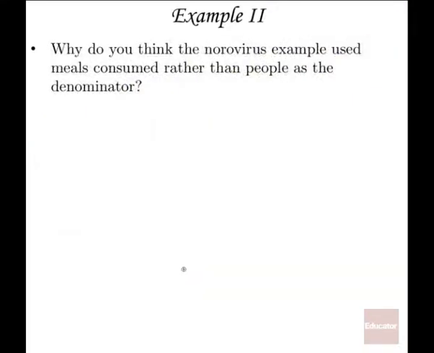The second example is, why do you think the norovirus example used meals consumed rather than people as the denominator? Well, guess what? Sometimes you can't find all the people. So, ascertainment. Finding people who ate at the restaurant.